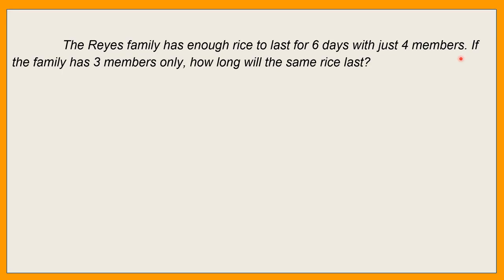Kanin ang pinag-usapan dito, diba? So, it takes 6 days para maubos ng 4 members. Pero kung 3 members na lang, gaano katagal nilang maubos ang kanilang bigas? So, this kind of proportion is inverse, baligtad. Kasi, ibig sabihin nun, kung 3 na lang ang kakain, di mas tatagal na yung bigas nila, di ba?